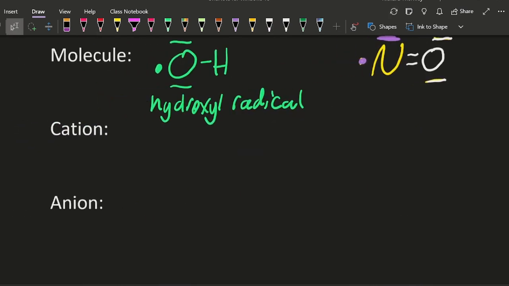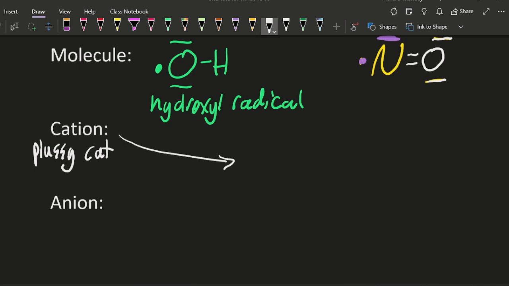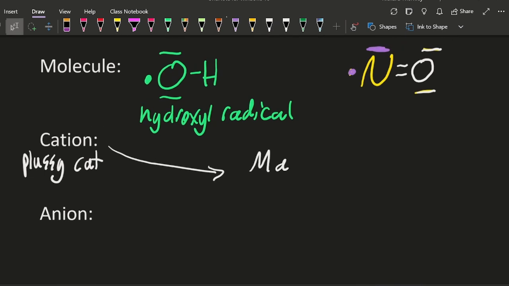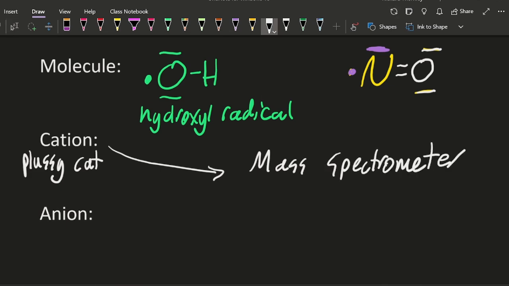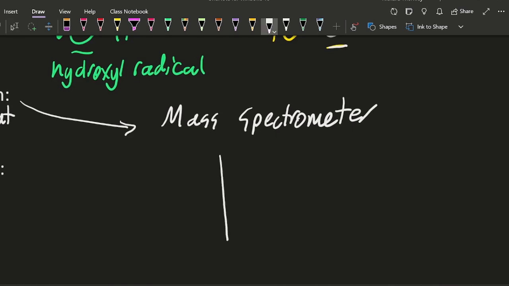Okay, so cations. So I think of plusy cat. Plusy cat. Cations are positive. So taking a little detour, when you were using the mass spectrometer, well, not using one, I've never used one myself, they're expensive. In order for things to go through the mass spectrometer, they have to end up being positive.